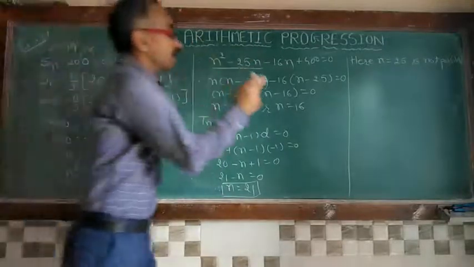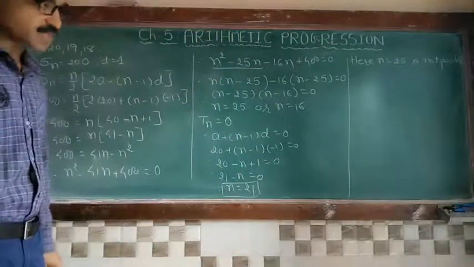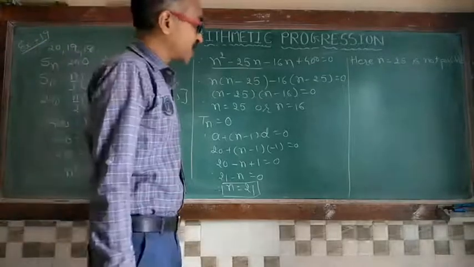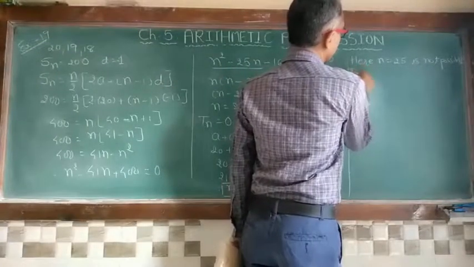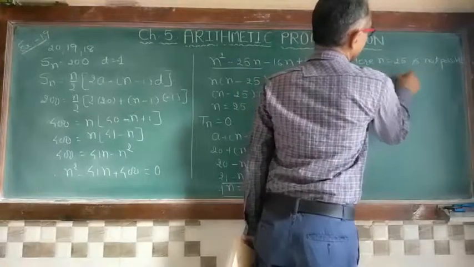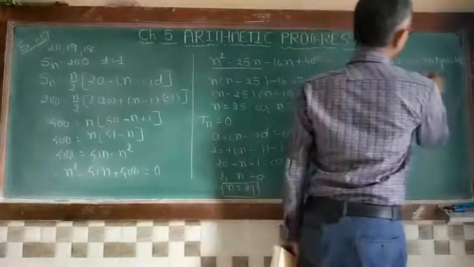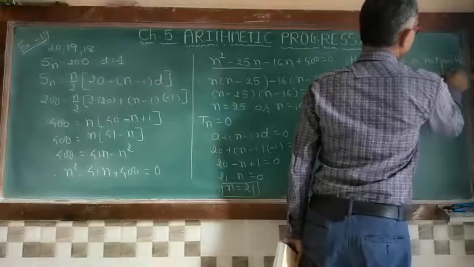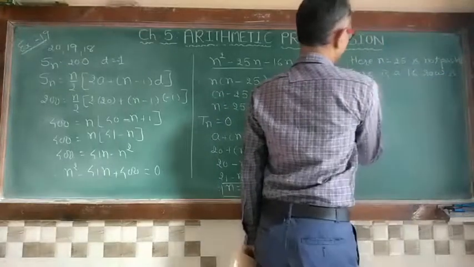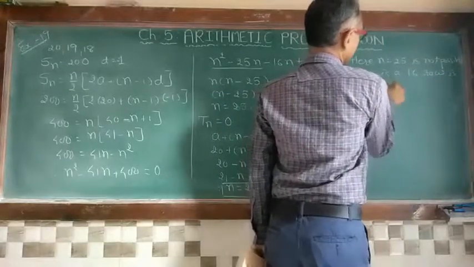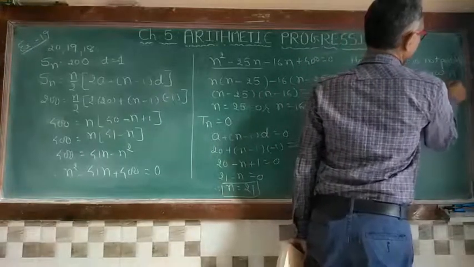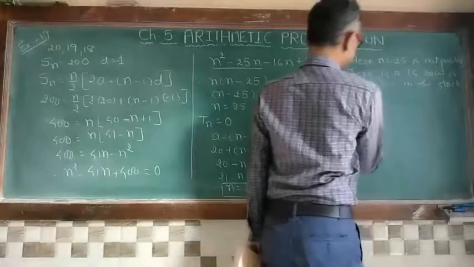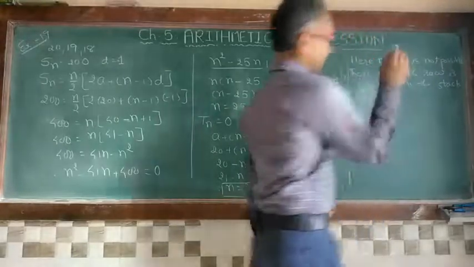That means there must be n equal to 16. There must be n is equal to 16, so 16 rows are possible in the stack of logs.